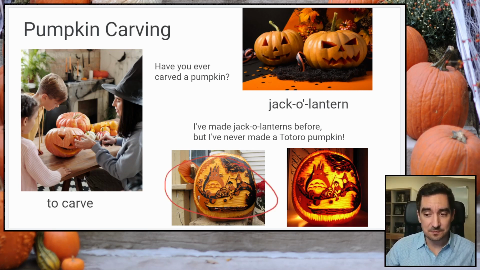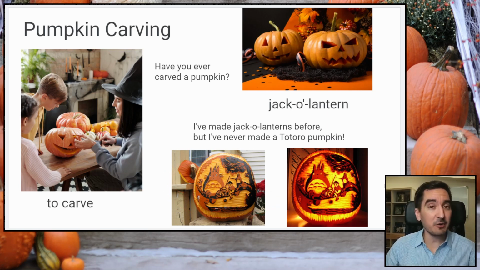Something like this, you have to be more careful, and people will carve the skin of the pumpkin, but they won't scoop out all of the meat. They won't cut through the pumpkin. And so some people make incredible jack-o'-lanterns like this. This is a Totoro pumpkin. And the black, I think they use some marker to give some more shadow.